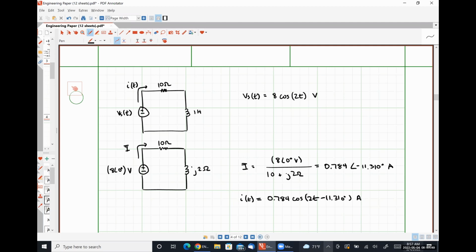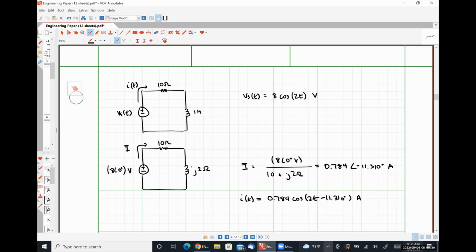All of the DC relationships that we developed in the first third to half of this class can be applied to steady state sinusoidal circuits in the frequency domain. We can use Ohm's law, KCL, KVL. Impedance combination follows the exact same rules as resistor combination. We can do voltage division, current division, superposition, nodal analysis, mesh analysis.